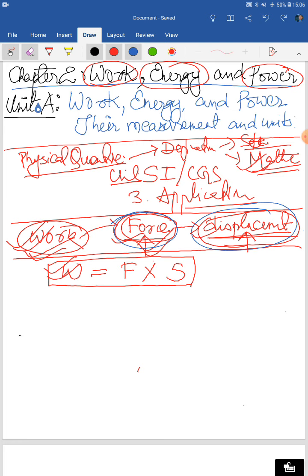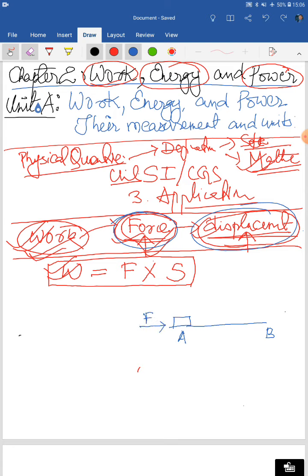Clear? Now suppose you have a path from A to B and you have kept an object at point A and you are applying a force F on this object.